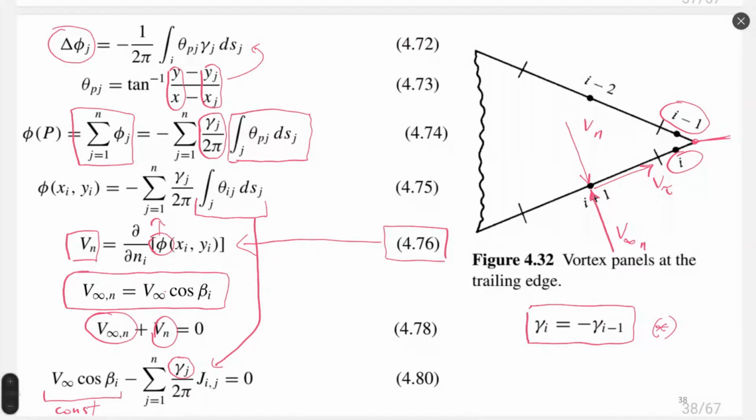So our equation system is formed by a number of equations similar to 4.80 and complemented with the Kutta condition at the end. Theoretically simple, just need to find beta, need to find these geometrical integrals and can solve.